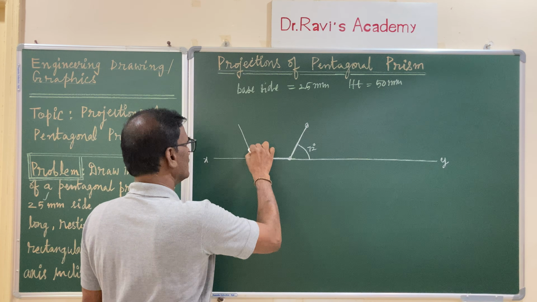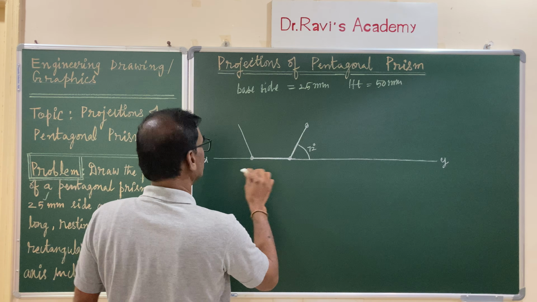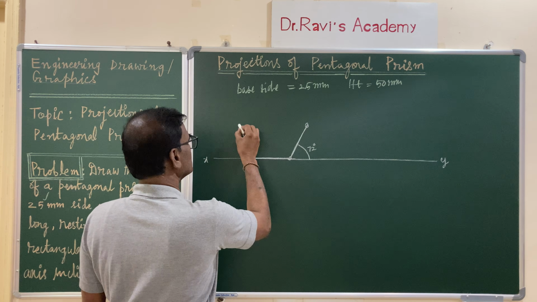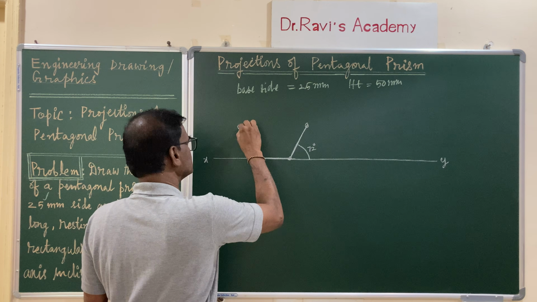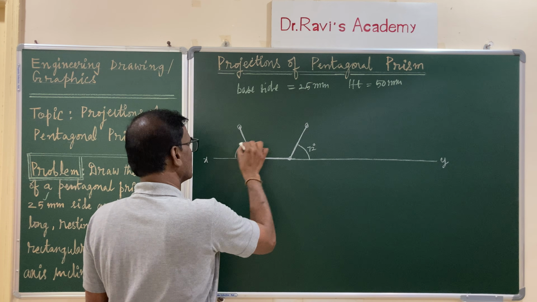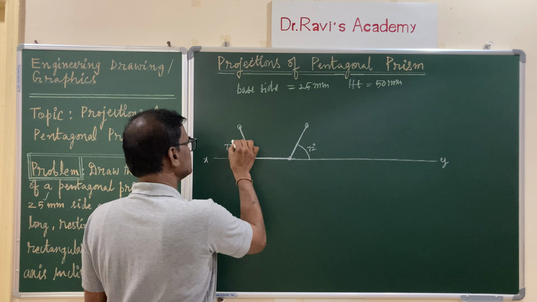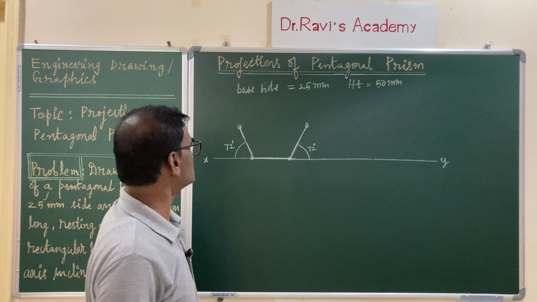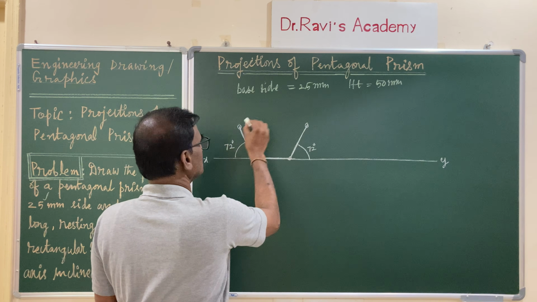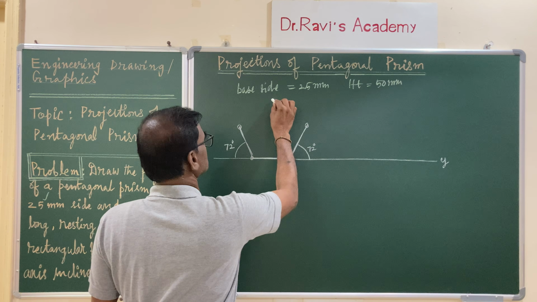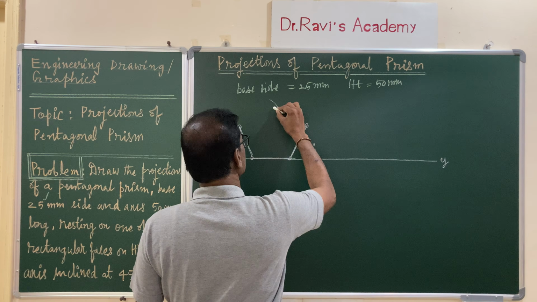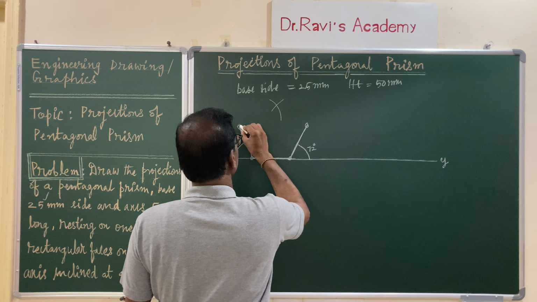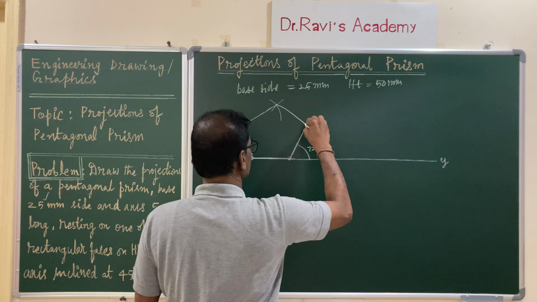Let us draw a line of 25 mm, which is the given edge. So here this is also 25 mm, and this angle again 72 degrees. After getting the two ends, with this as center and 25 mm as radius, draw a circular arc, and with the other point as center, intersect it and complete the regular pentagon.